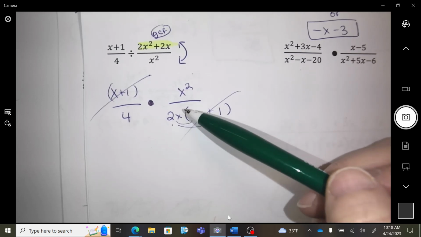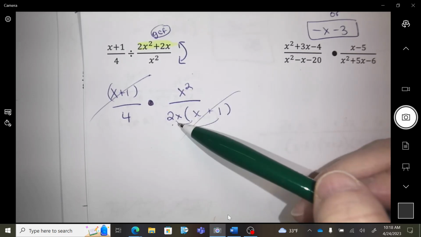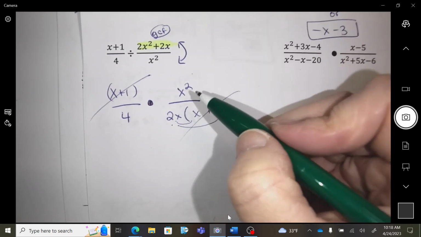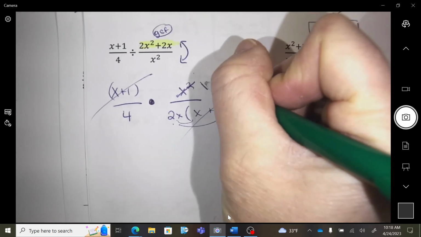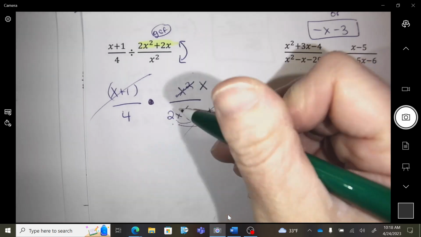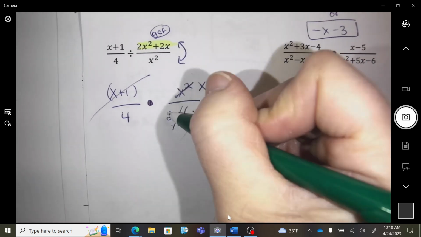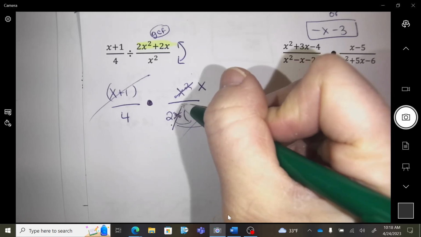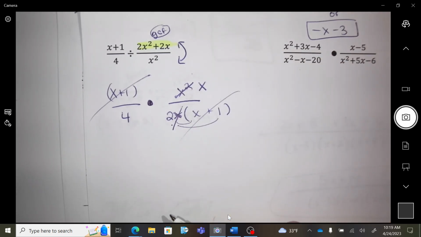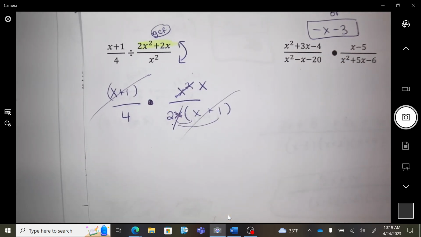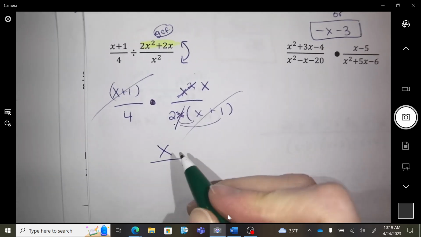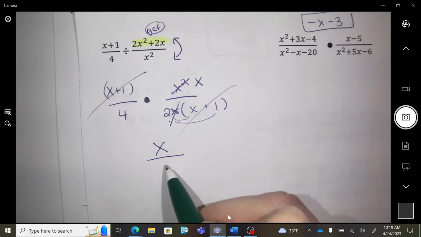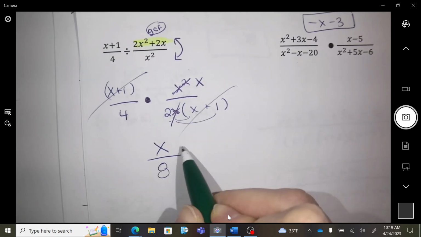I could take an x out. There's an x squared here, so it would become just an x. And if I take an x out, that x would go away. So on the top, I have an x. Bottom is 8.